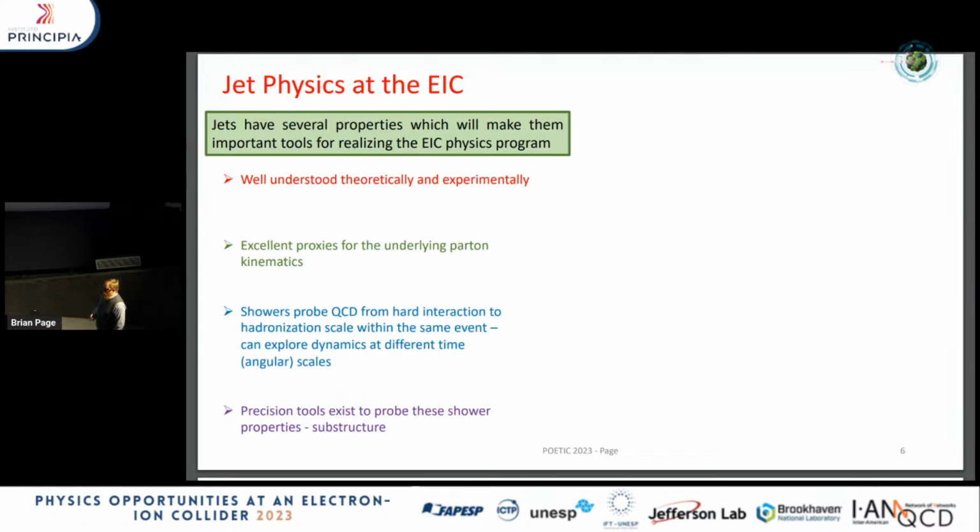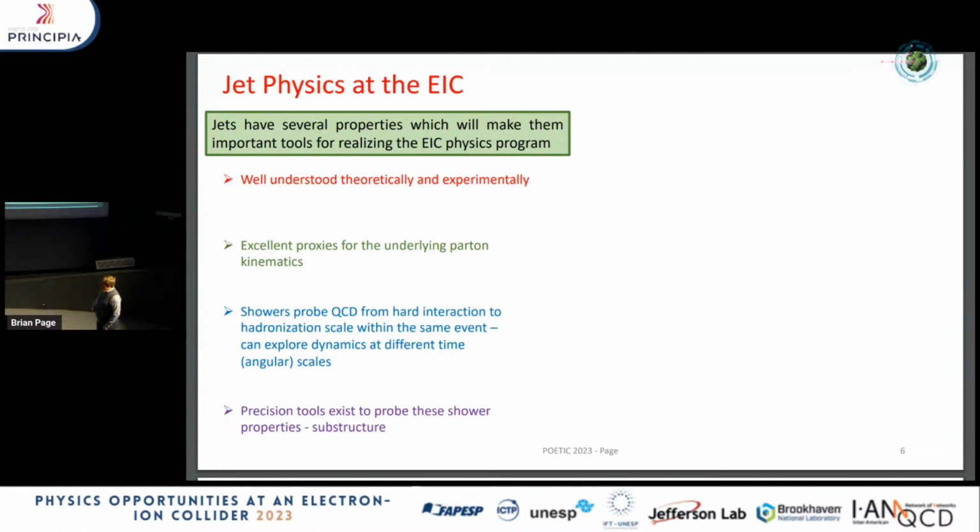So of course, in DIS, you can measure the event kinematics from the scattered lepton, but there are cases where you really want to see the result of the parton in the final state. And jets are the best way we know how to do that. And of course, jets have substructure.